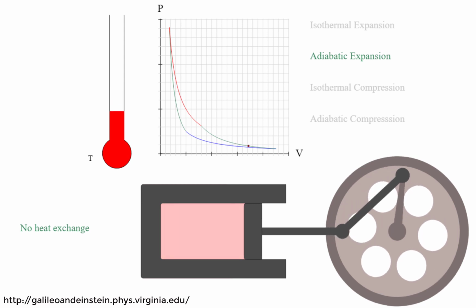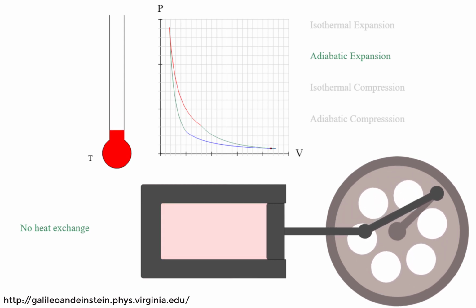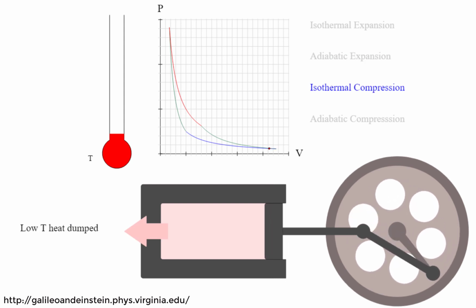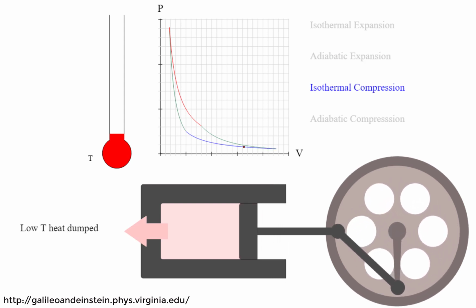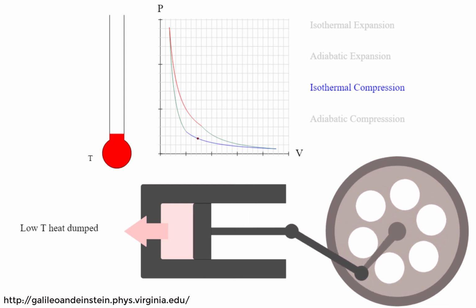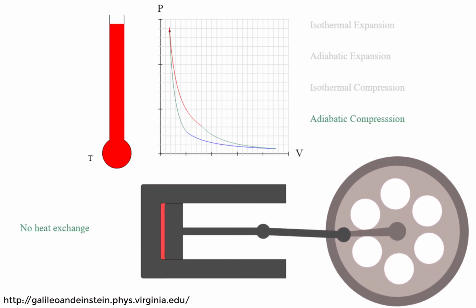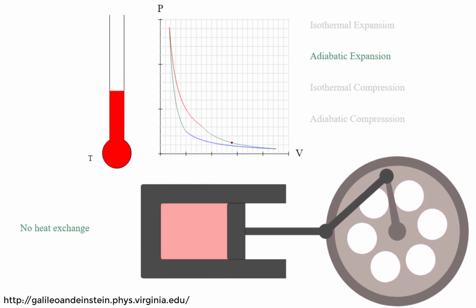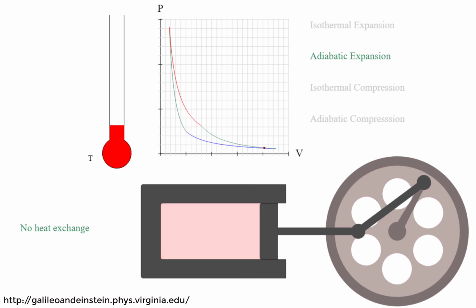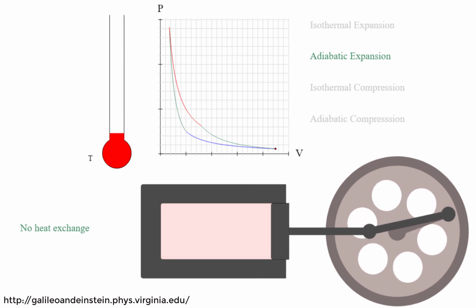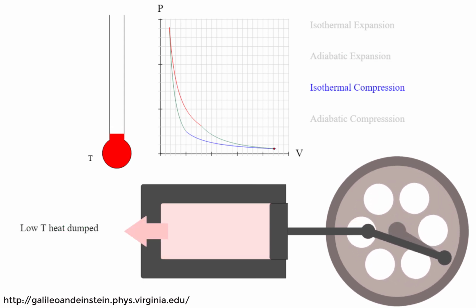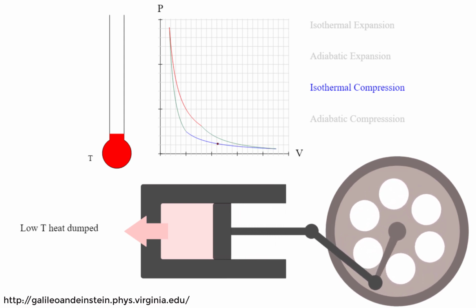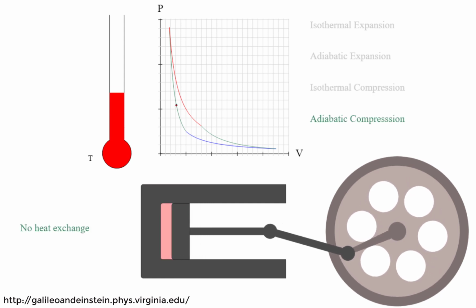It is continuously operating, going through 4 processes: adiabatic compression, isothermal expansion, adiabatic expansion, and isothermal compression. It is a thermodynamic cycle, so the device returns to its initial state at the end of each cycle.